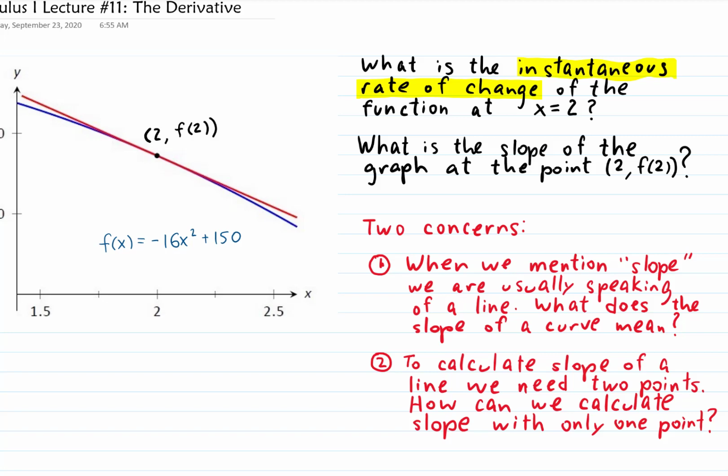So, concern number one. What do I mean by the slope of the parabola at the point 2, f of 2? Okay, so here's what I mean, and this is where the red line in the picture now becomes important. Okay, so it's true that slope refers to a line. I have a blue parabola that's curved. So what do I mean by the slope of the parabola at the point 2, f of 2?